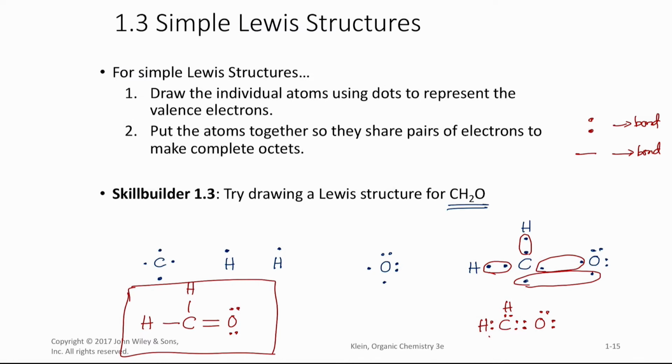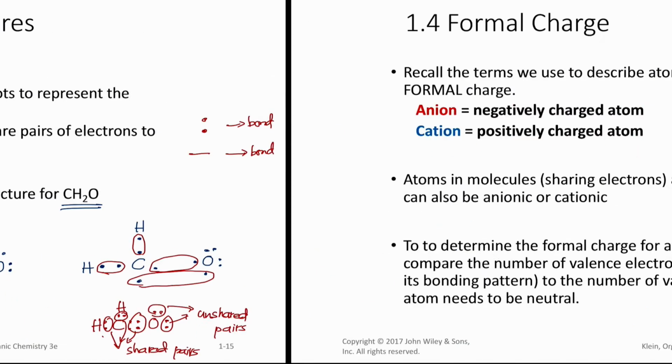For example, here these 2 pairs are unshared pairs. All of the others, this and this, all of these are shared pairs. So remember these shared pairs and unshared pairs because we are going to come back to this again.